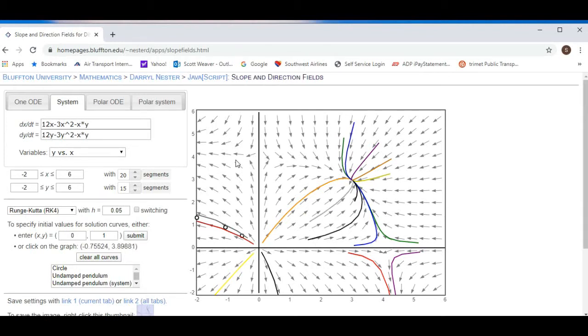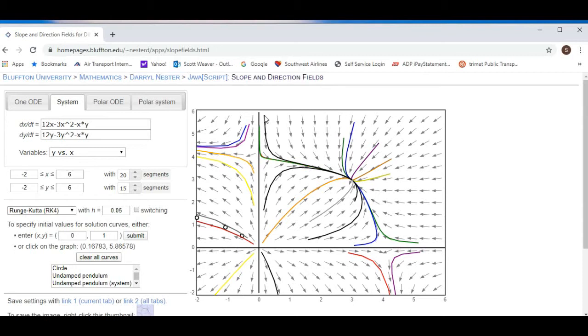And then over here at (0, 4), we appear to have again a saddle point, because we can see it going in towards the point from the vertical direction and then out from the point in the horizontal direction.